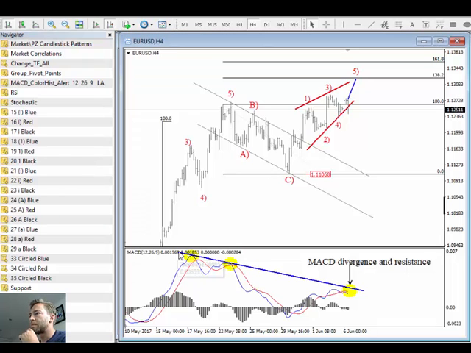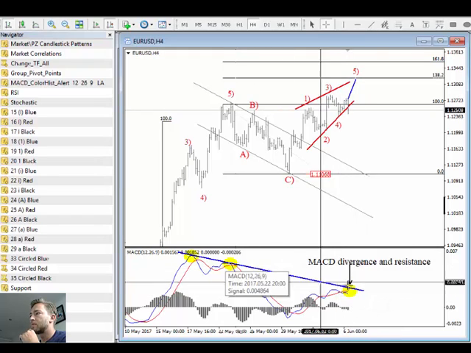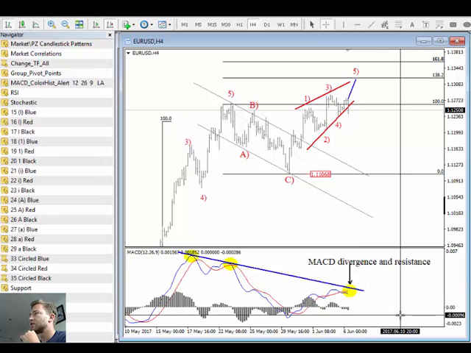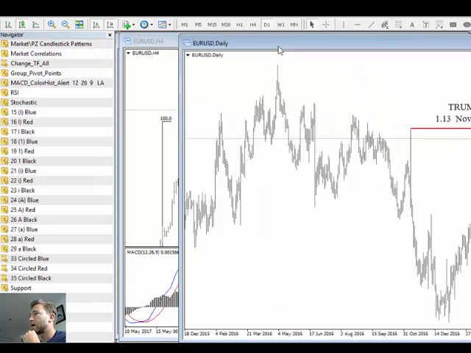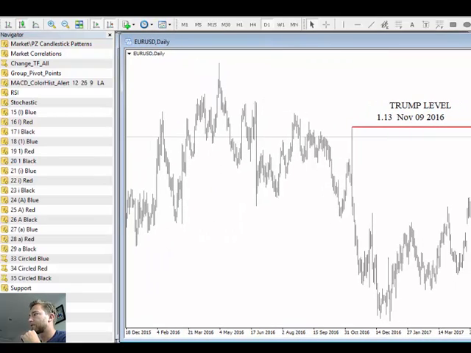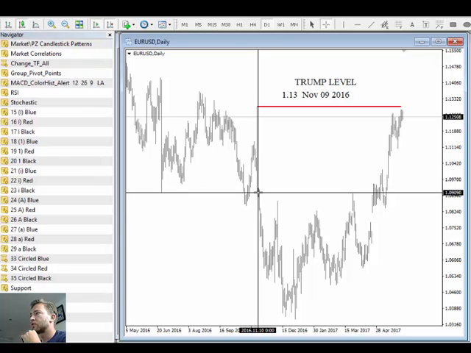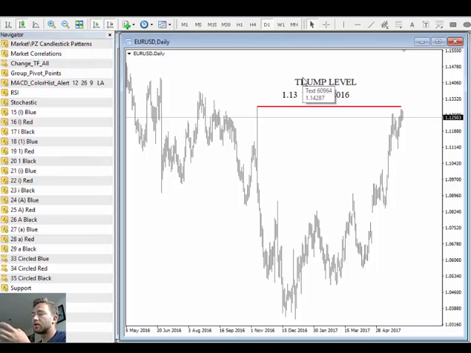Also, there's a MACD that shows a strong divergence from May 18th. You can also see that this trend line will now act as a resistance here. So I think that the euro is overbought, not to mention this important level, which I think should be tracked very closely, from November 9th, when, as you know, Trump won the US election.